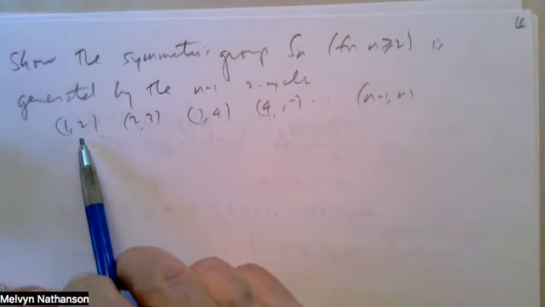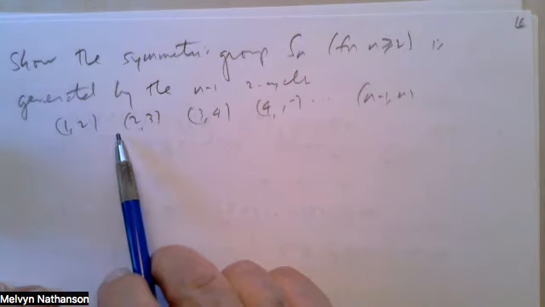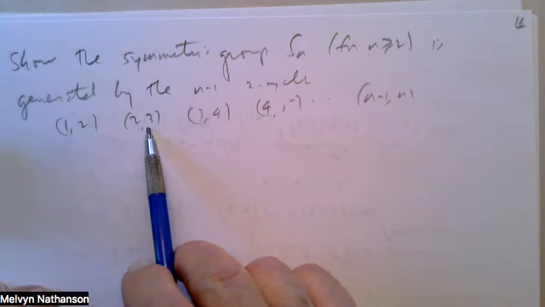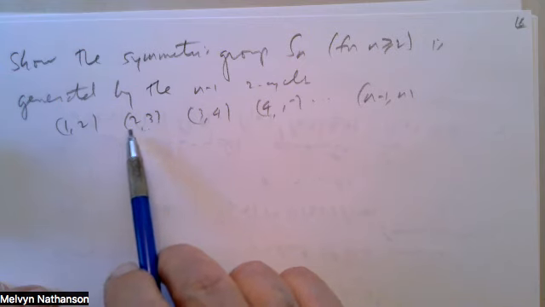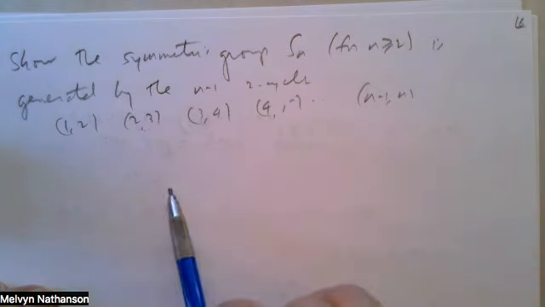So it's just the 2 cycles that consist of not all pairs of integers between 1 and n, but just the pairs of consecutive integers, and there are n minus 1 of them.